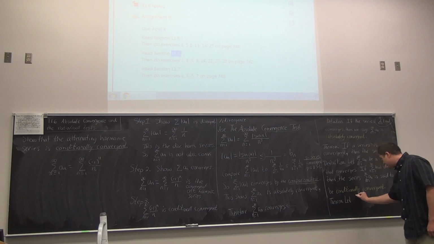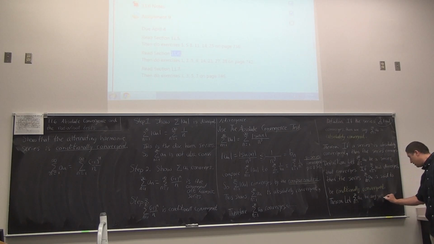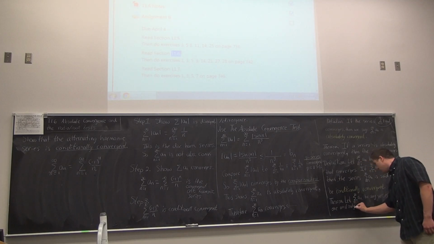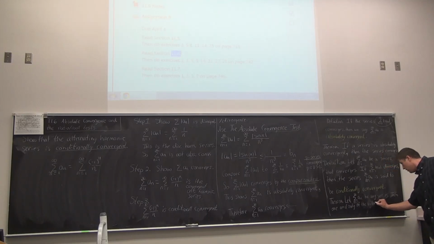It says first, let the summation as n goes from 1 to infinity, a sub n, be any series. Then one and only one of the following outcomes will occur.